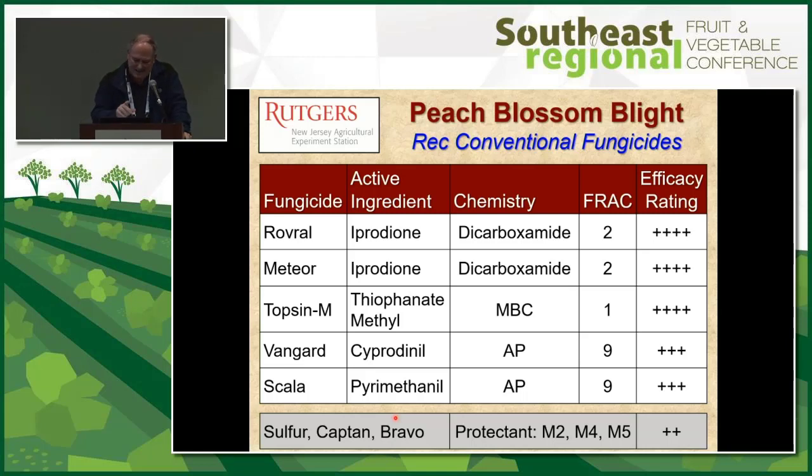Down at the bottom, I'm showing the protectant materials, where we don't have to worry about resistance, but by and large they only provide a fair level of control. I used to think that Bravo did a better job, but after looking at all my data over the years, I had to demote it from good down to fair.